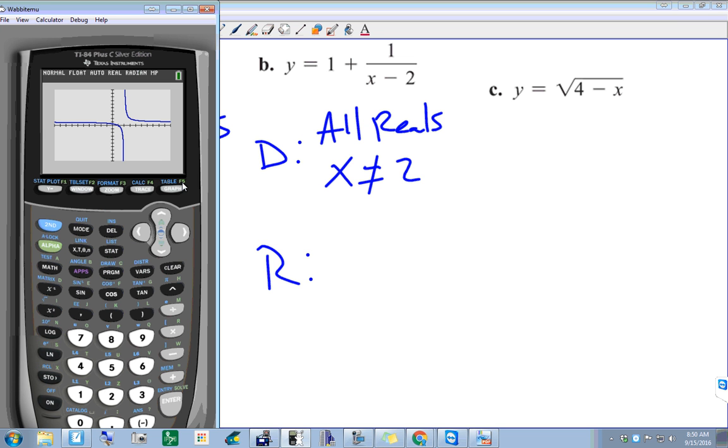Will they be positive or will they be negative? I'd get negatives, right? If I think about this, this is going to give me what? If I put negative 1 in there, that gives me negative 3, right? If I put negative 4 in there, that gives me negative 4.